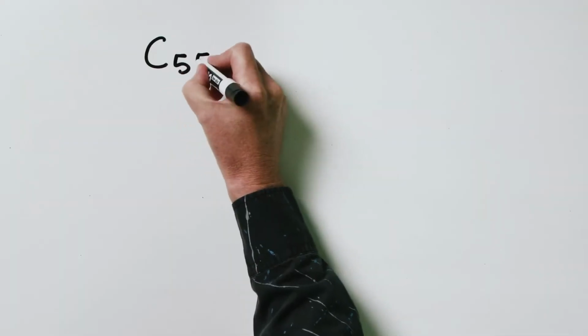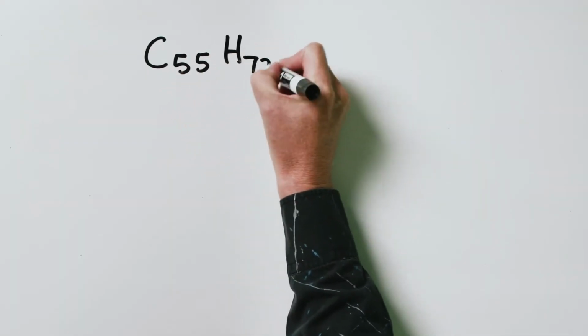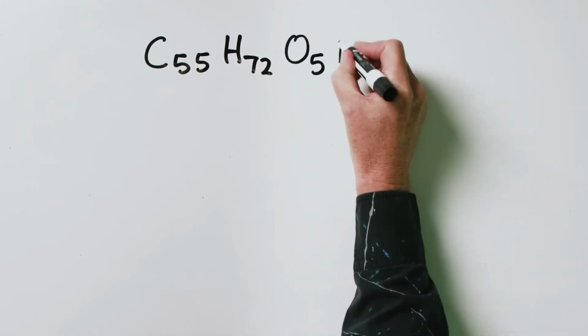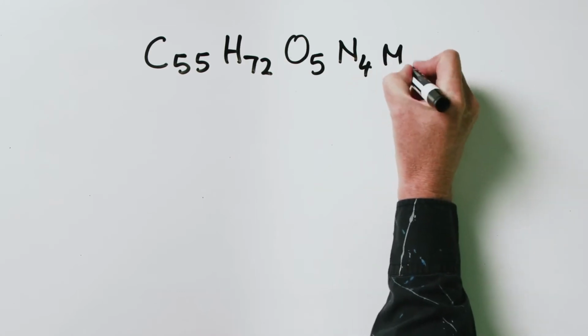Chlorophyll is a very, very large molecule, and it has the chemical formula C55H72O5N4Mg. So there's a lot of atoms in one molecule of chlorophyll.